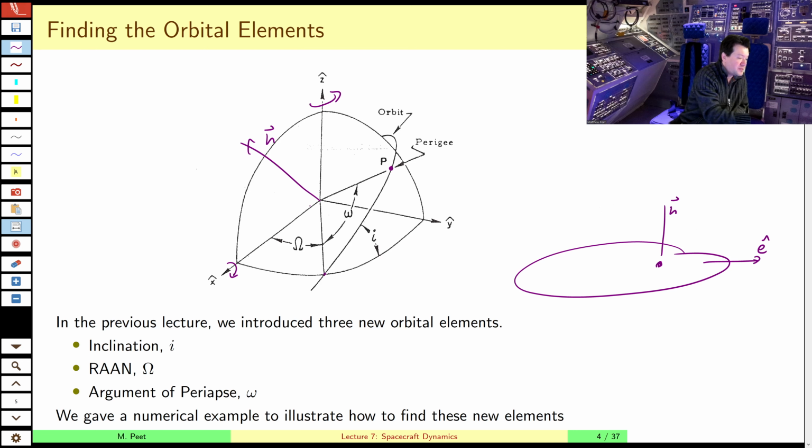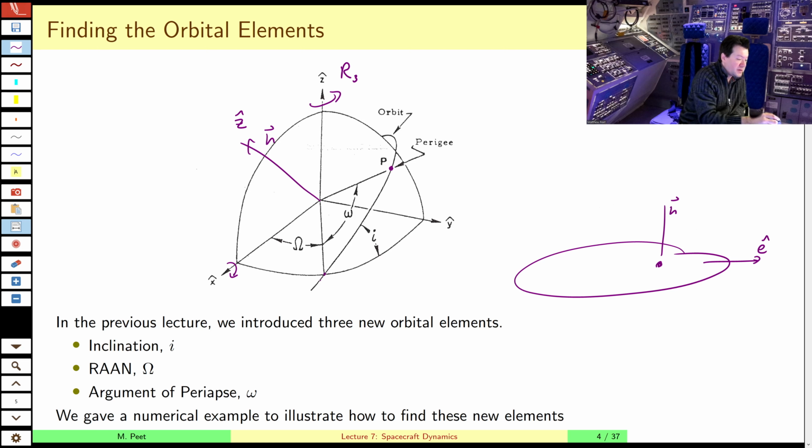In particular, if we did the inclination rotation first, then the instantaneous z hat axis is always coinciding in the perifocal frame with the angular momentum vector, and then it doesn't make sense to rotate around the z hat axis, because we can't use the R3 rotation matrix because it doesn't align with our instantaneous z hat axis. And so we've got to do this in a slightly different order.